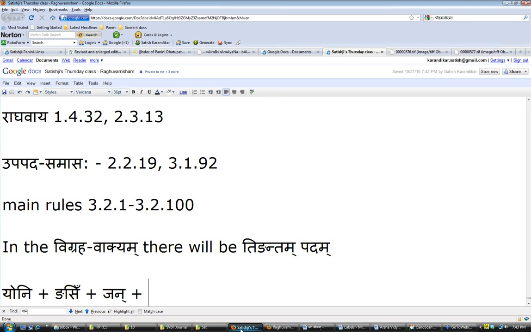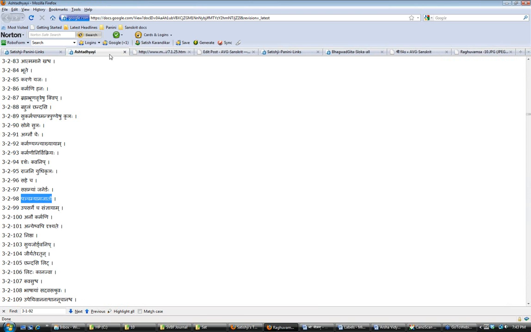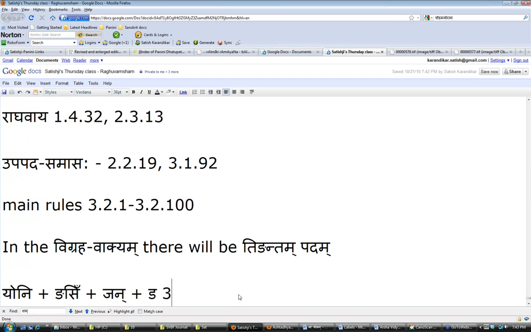This is what that sutram was saying, panchamyam jatau, which is 3.2.98. Born from a yoni, we can put that here from 3.2.98. Now, in the pratyaya da, we have to remove the it letters: chutu, so the dakara is an it and only a remains. Even before that, the nyasi will go away.